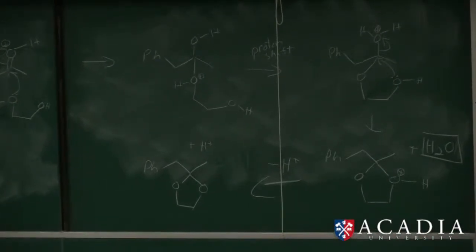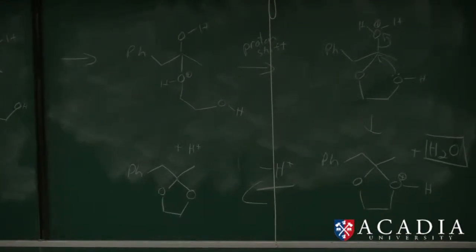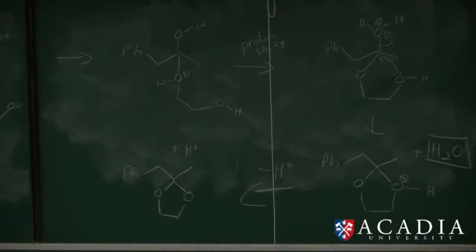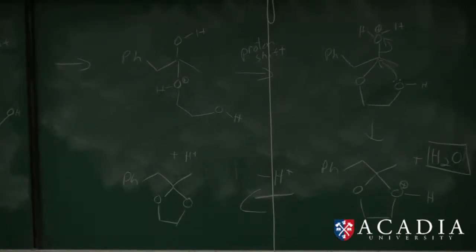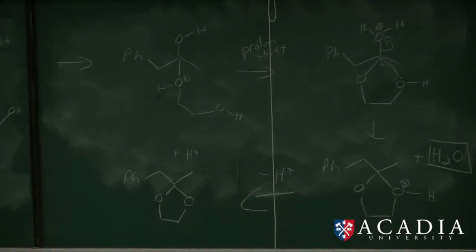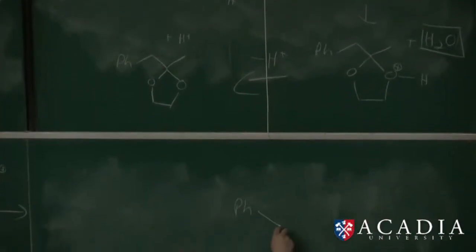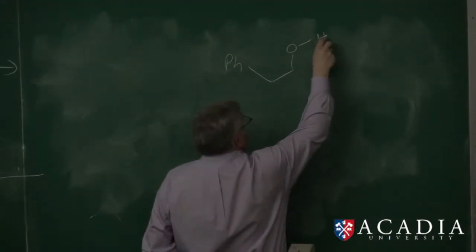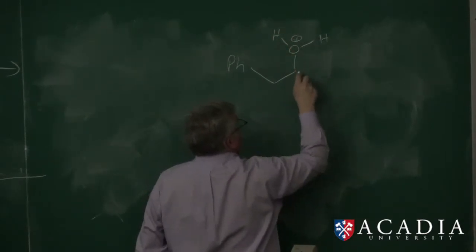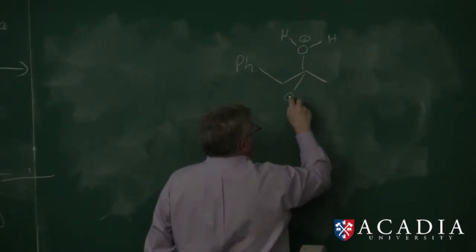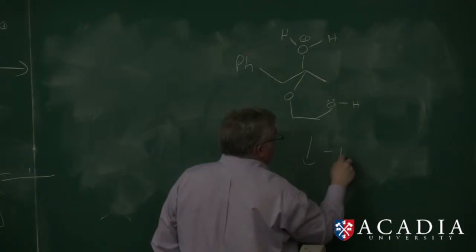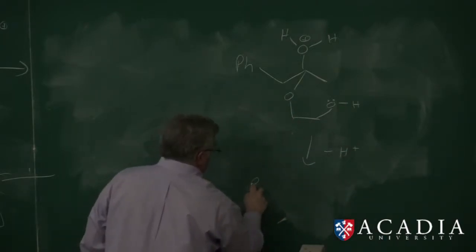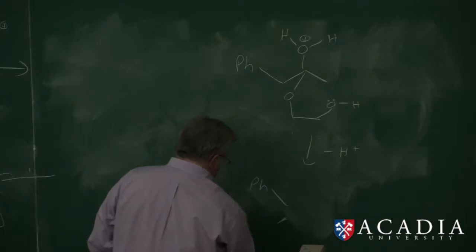What we could have done for this step is we could have removed water, I suppose. So from here, where we have pH, OH, H plus, we could have said minus H plus. And I'm going to draw it this way.